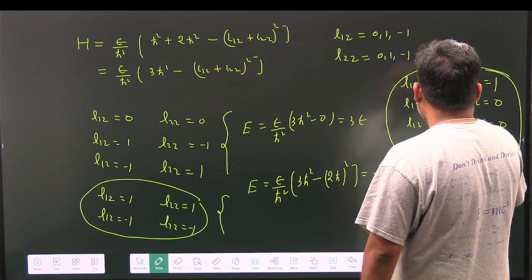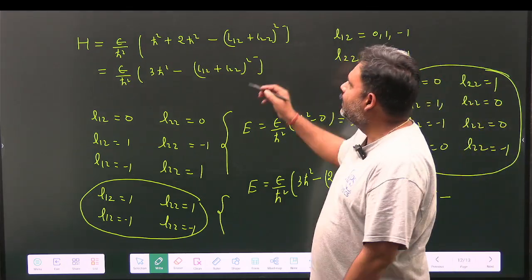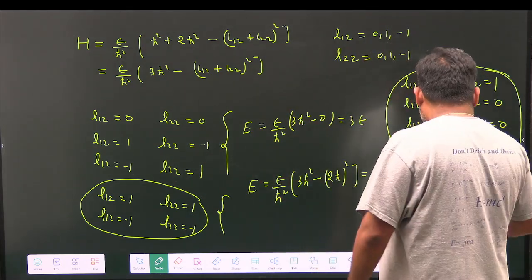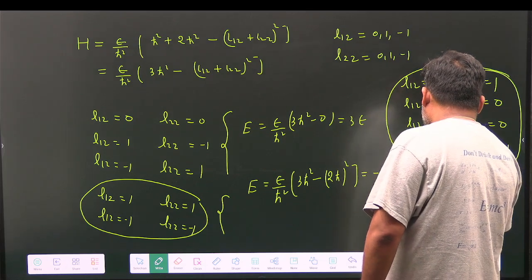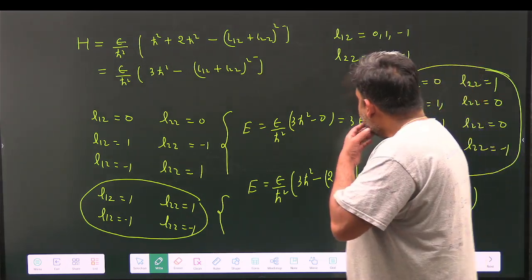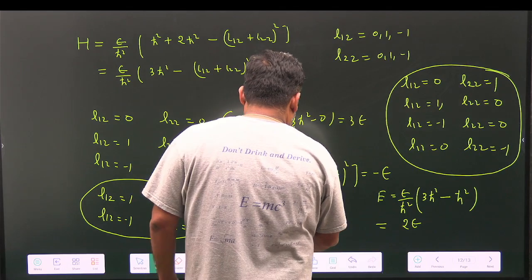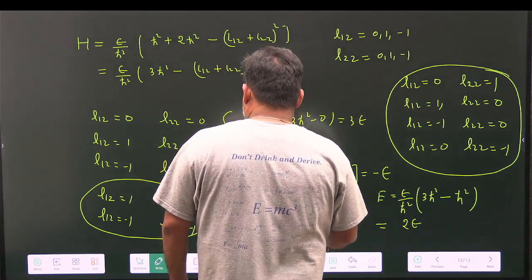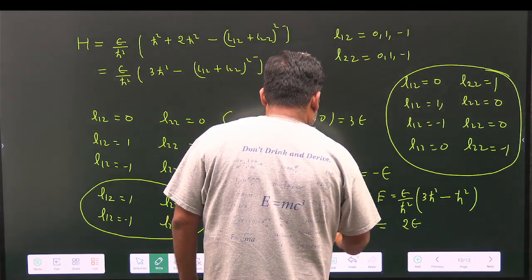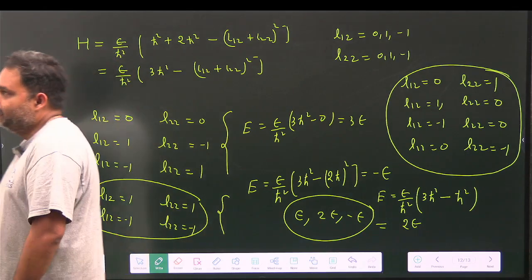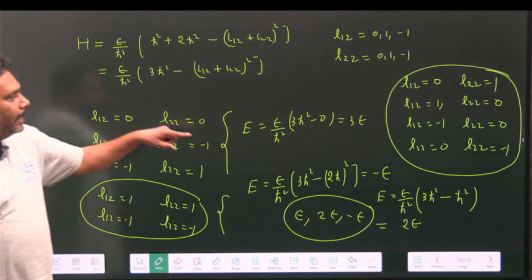So L1 is 1 or minus 1, and since the square is there, you will get the same number. That value is h cut square, and this gives 2 epsilon. So what will be the answer? The answer is 3 epsilon, 2 epsilon and minus epsilon. So these are the possible energy eigenvalues for L equal to 2.